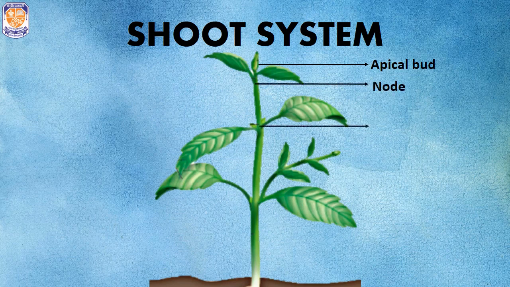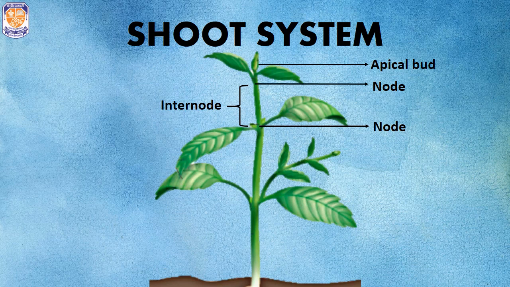Then these are the places which are known as nodes, and these are basically the part of the stem where a new branch or a new leaf will arise, and between two nodes is the space which is known as internode. So you will see no leaf or other branch arising from the internode.